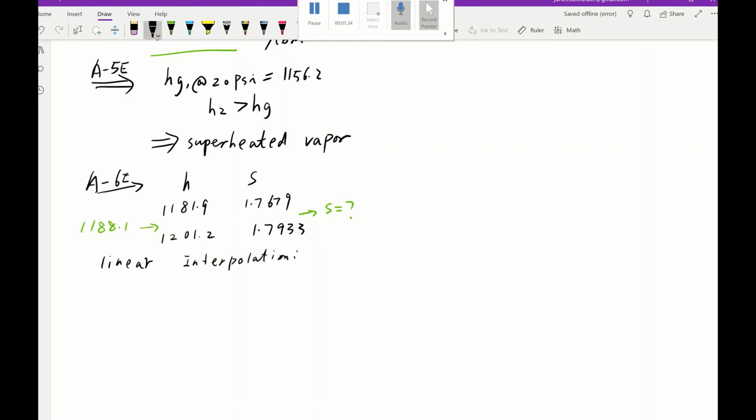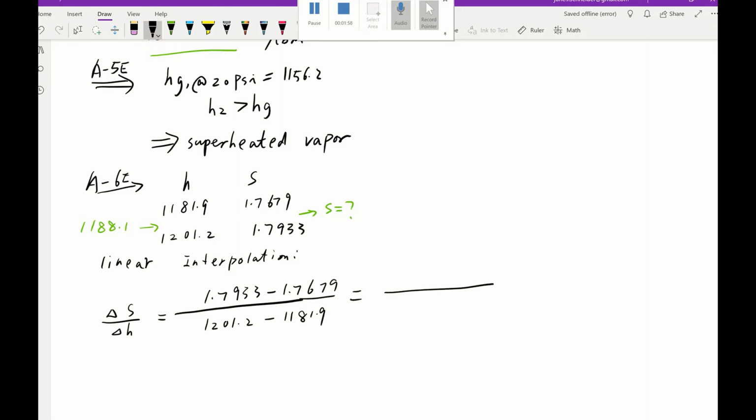So for linear interpolation, we're going to write down our equation. So we're using 1.7933. Here I'm using delta S over delta H: 1.7933 minus 1.7679, then corresponding H is 1201.2 minus 1181.9.